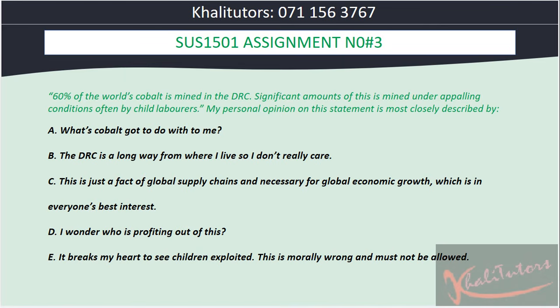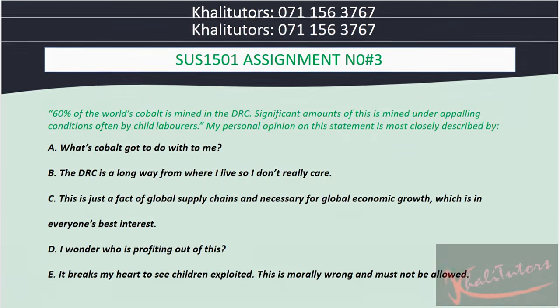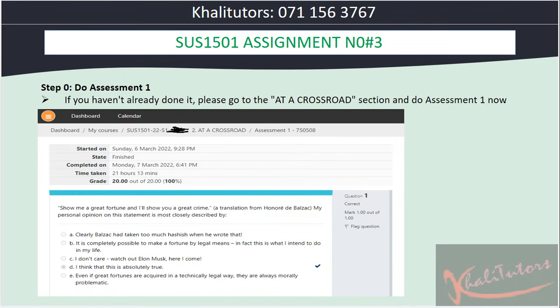Okay, so let us move on to the next slide. Let us look at the assignment itself. The assignment has several steps, and the first step is step 0. It tells you that you must do assessment number 1. If you haven't already done it, please go to the at a crossroad section and do assessment number 1.